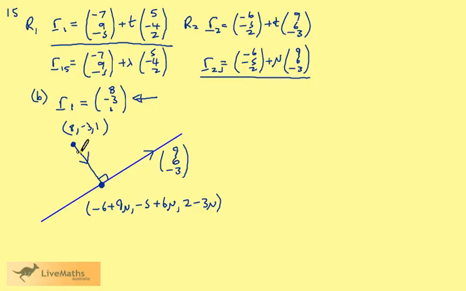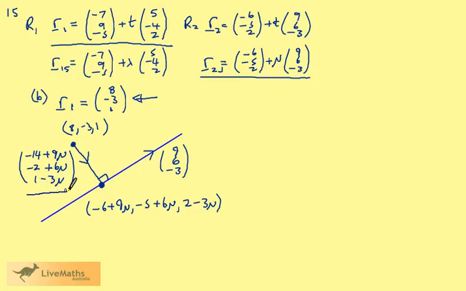So this vector here, going from this point to this one, will be -14 plus 9 mu. That takes us from 8 to -6 plus 9 mu. Then we get -2 plus 6 mu, and then we get 1 take 3 mu.